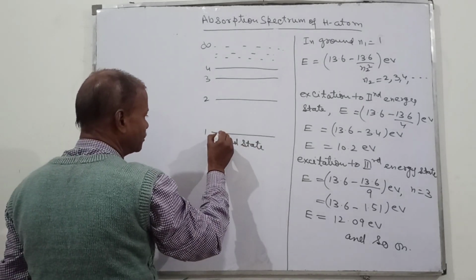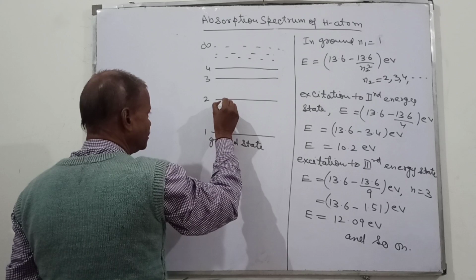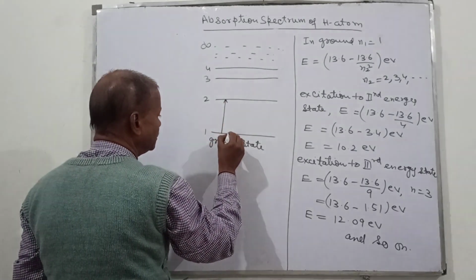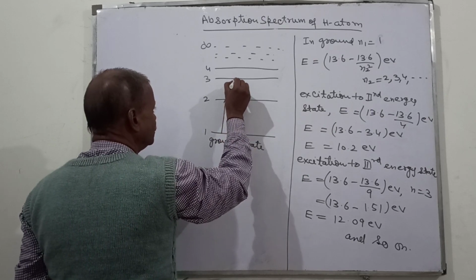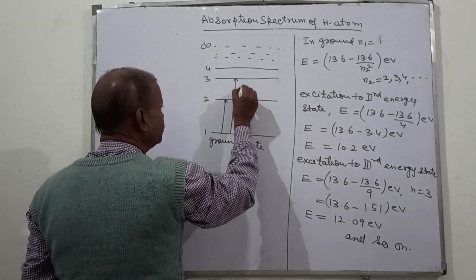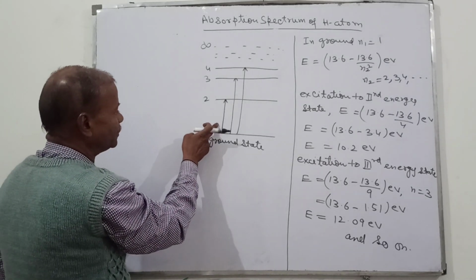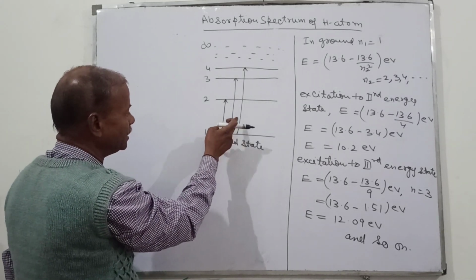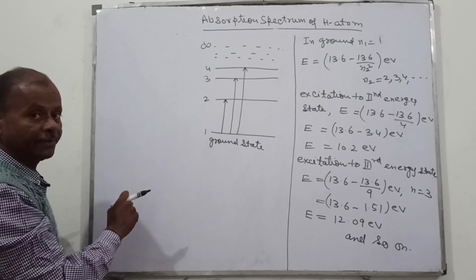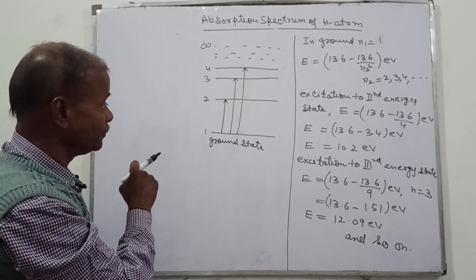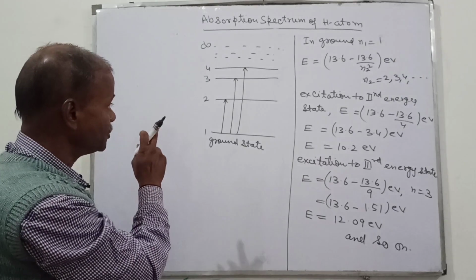Now the electron will be excited to this one. This is the first excitation energy. Then to this one, then to this one. So this is the first line, second line, third line. These lines will be absent in the emission spectrum. Corresponding to these, we have the absorption spectrum.